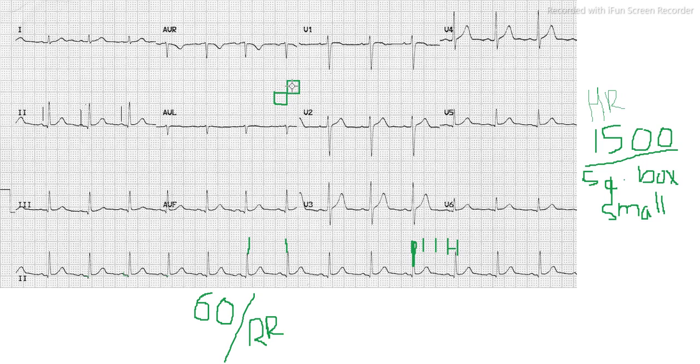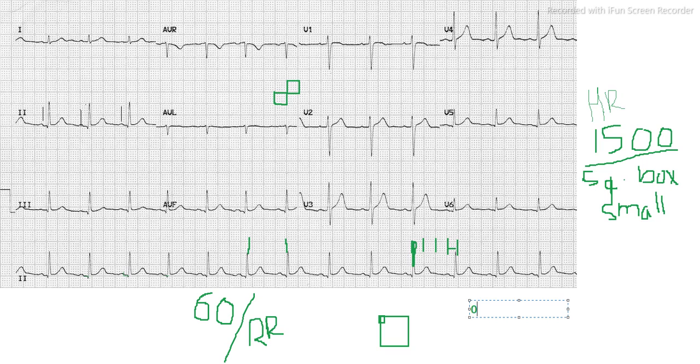Inside one big square box there are 25 small square boxes. One thing you need to keep in mind is that one small square box, on the ECG, takes about 0.04 second.